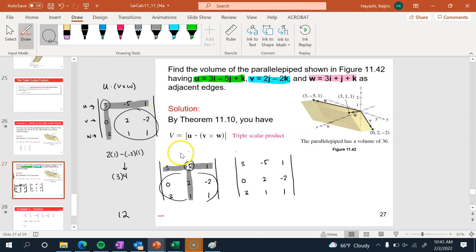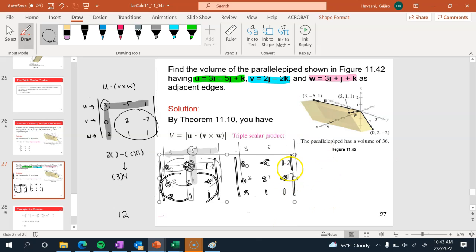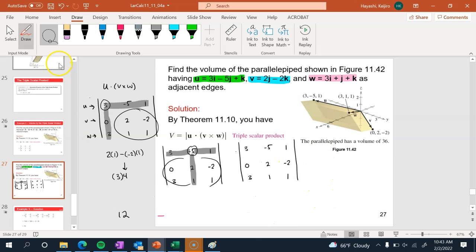Boy, I kind of didn't leave myself enough space for this. Okay, so 0 times 1 minus -2 times 3, so 0 minus -6, so 6.